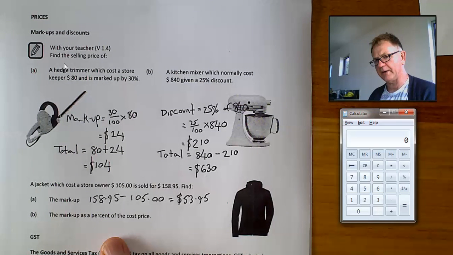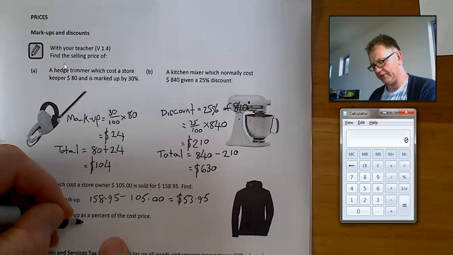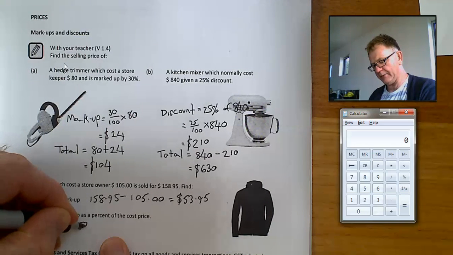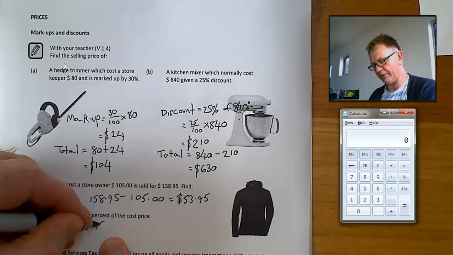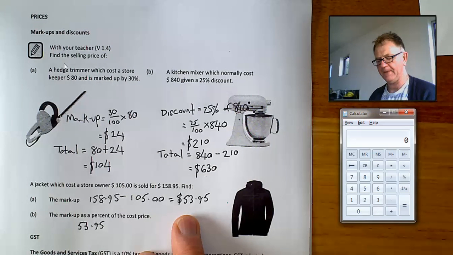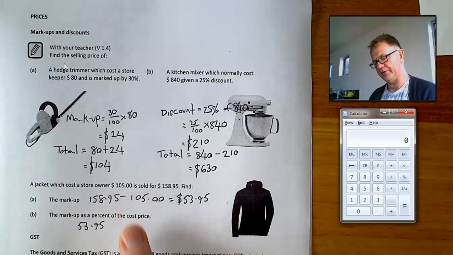Now the last little one is a little bit tricky. It asks us to work out the markup as a percentage of the cost price. Now to do that, first of all, start by writing it as a fraction. The amount of the markup was $53.95. That's what we worked out a second ago. We've got to express that as a percentage of the cost price. Which was the cost price? What did it cost the owner? $105.